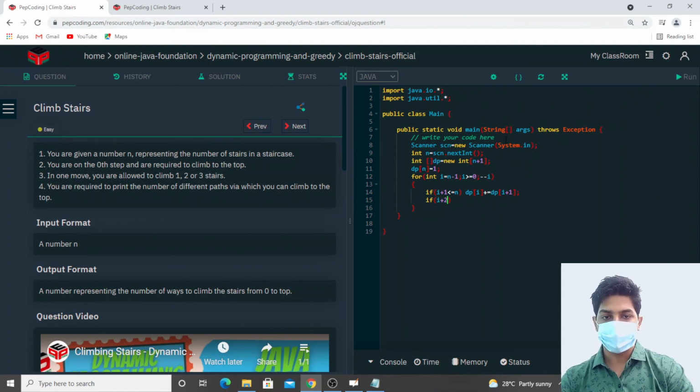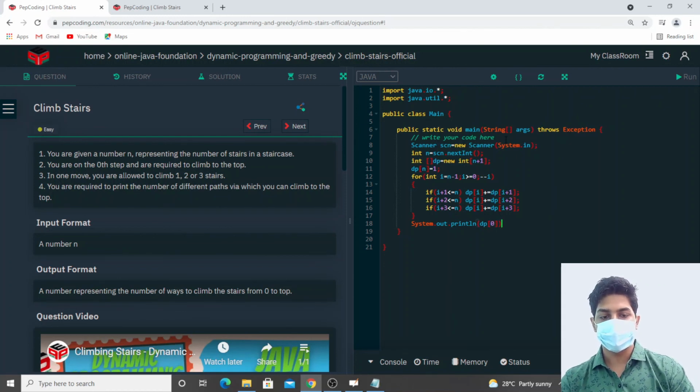If i plus 2 is less than or equal to n, then dp of i plus equal to dp of i plus 2. Similarly, I can take a jump of 3 units only if it is less than or equal to the destination. If it is true, then I add it into my answer. Finally, my answer, the number of ways from 0, is stored in dp of the 0th position.